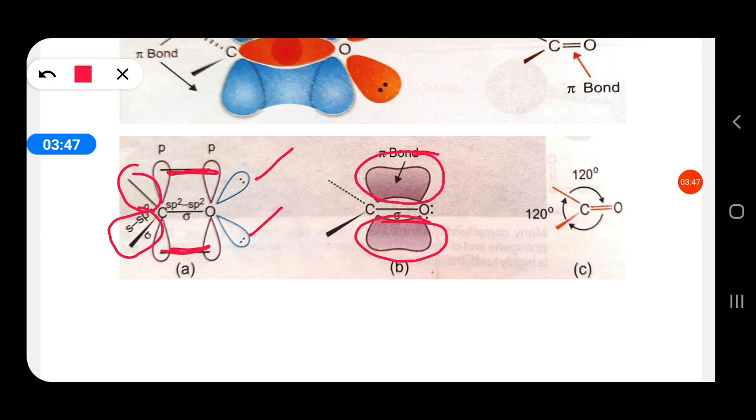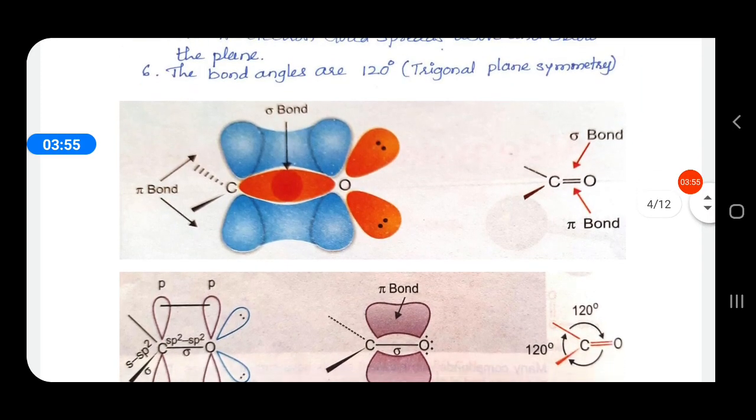Thus the carbon-oxygen double bond is formed, and the shape of the molecule is trigonal planar, with bond angles of 120 degrees.